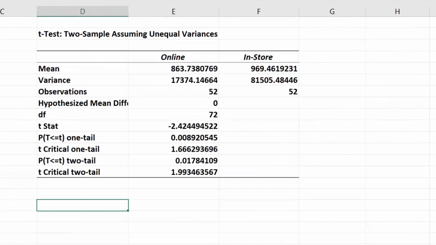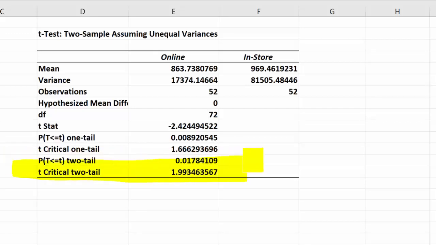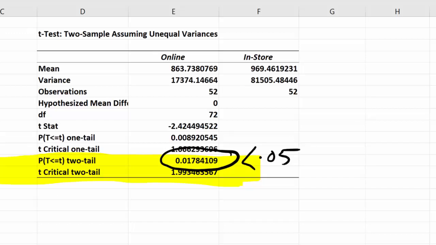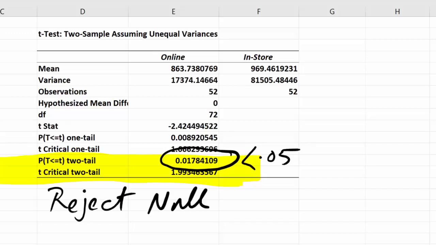So once again, I know that I am doing a two-tailed test because it was an equal versus inequality. So I just need to focus on the two-tailed part of this output, and that would be right here. Now looking at the p-value, the p-value is less than 0.05, so I will end up rejecting the null hypothesis, which was that the two are the same.